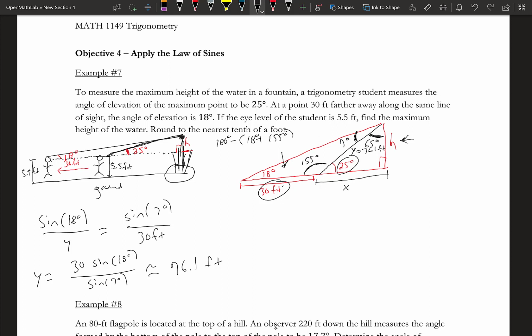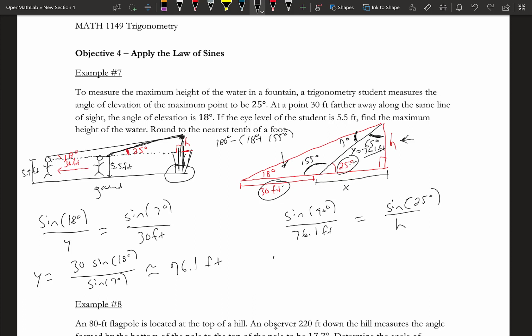So then to find h, I'm going to apply the law of sines again. I would have sine of 90 degrees, this right angle, divided by 76.1 feet equals, and then I want to find h, so I can put h here, and its opposite angle is 25 degrees.